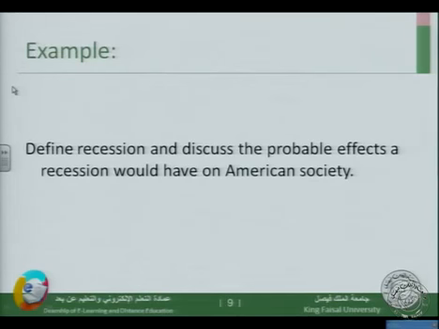For example, someone gives you an assignment like: define recession and discuss the probable effects a recession would have in American society. Do you know what a recession is?